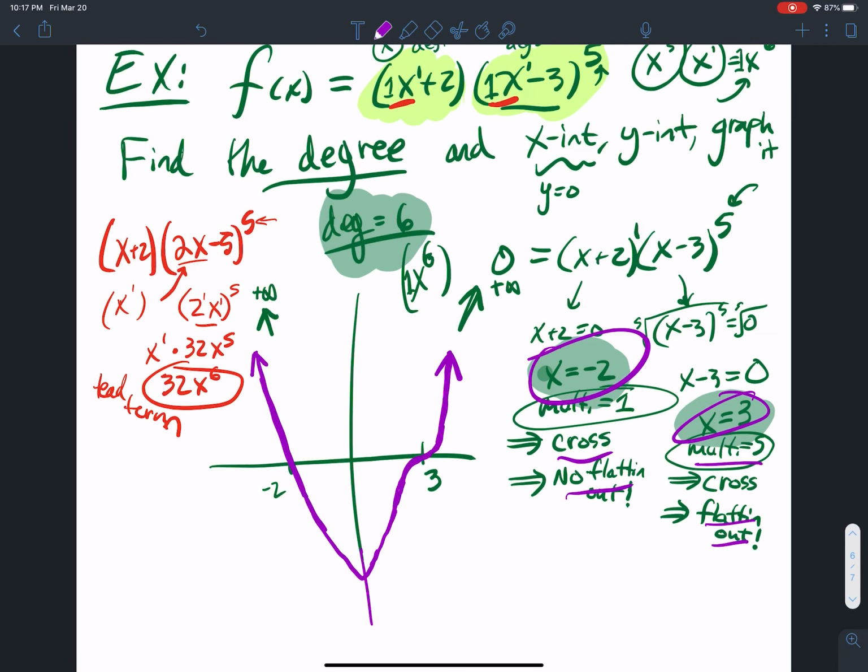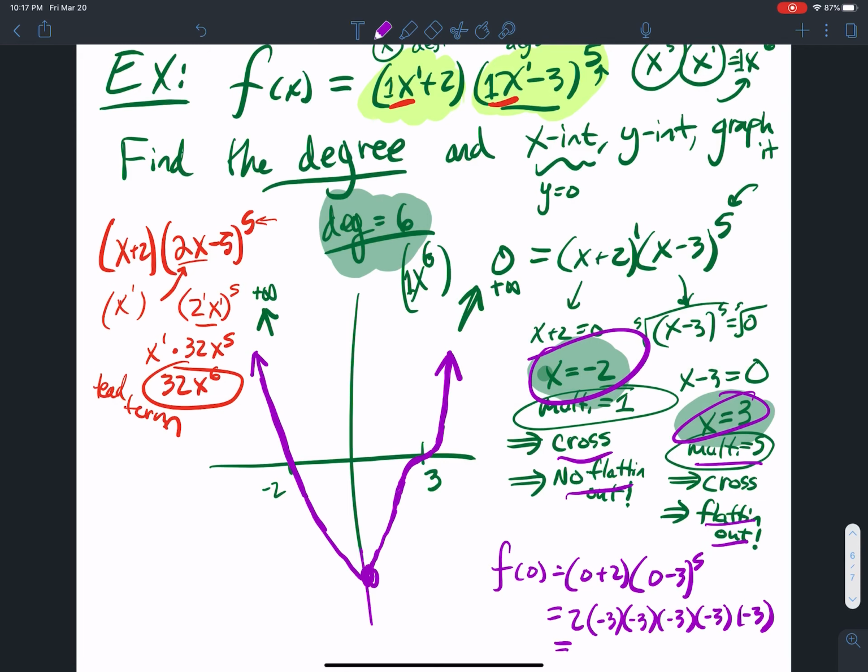Now to get the y-intercept, I set x equal to 0. So I get 0 plus 2 times 0 minus 3 to the fifth. So that's 2 times -3 times -3 times -3 times -3 times -3. Type that in your calculator.